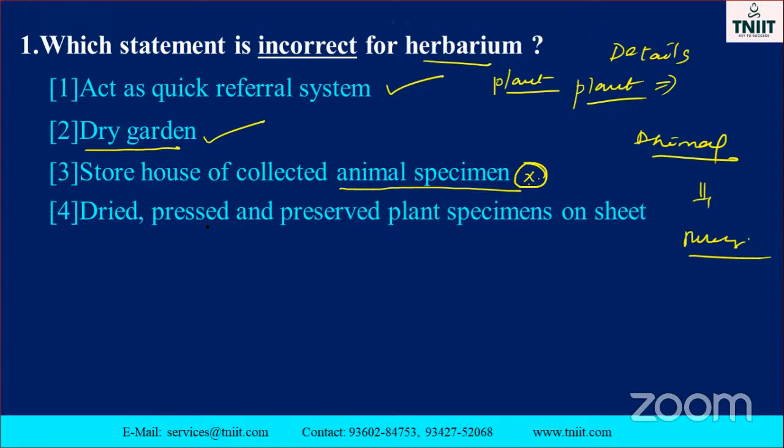Another one is dry, pressed and preserved plant specimen on a sheet. Already you know there is a specific sheet called the herbarium sheet. The herbarium sheet has a specific length and width, 11.5 to 16.5 inches.